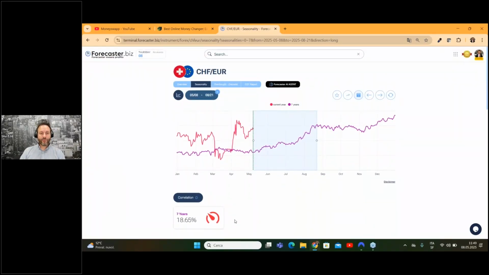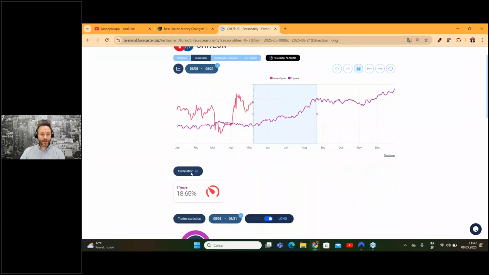But this year could be exactly the opposite, because at the moment the correlation is so low. It means that the current year is doing the opposite of what it did on average in the past. So this is why I think that we can have a downward movement until the end of August.